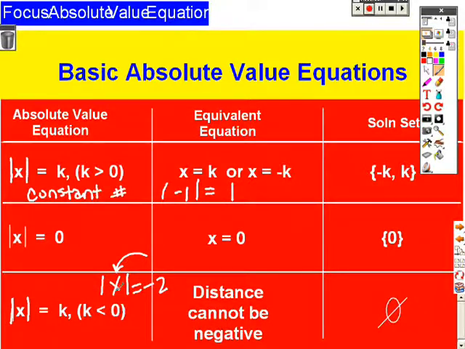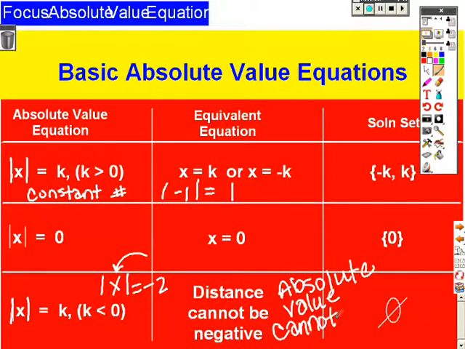So you could never put anything in the absolute value symbol that would make it go negative. This up here says that distance cannot be negative, because we're going to look at it in just a minute on a number line. But really, you could change this to say the absolute value of x cannot be negative. If you see an equation that looks like this, the only solution set you would have is the empty set.